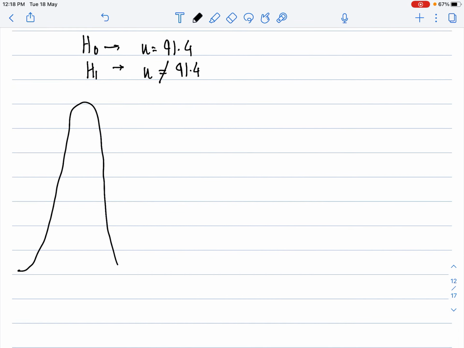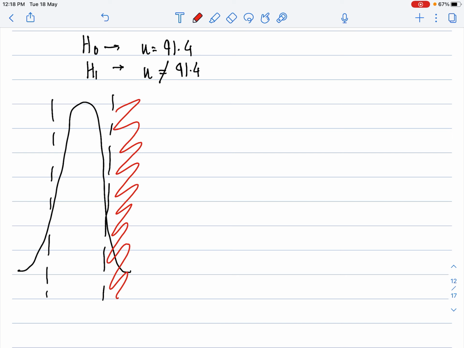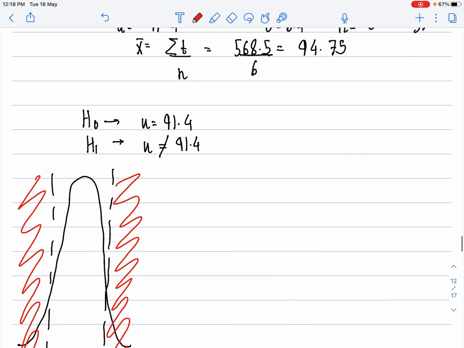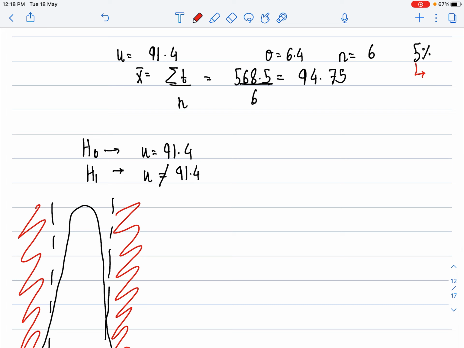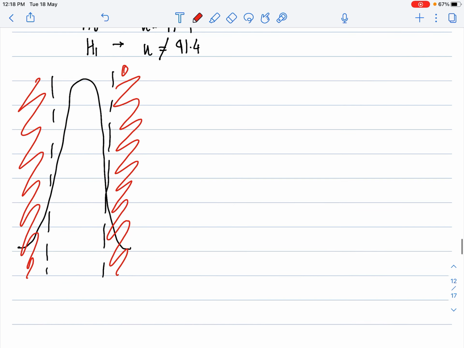On a normal distribution curve, it looks something like this. The area, which I'll shade in red, adds up to 5%, which is 0.05. If I divide 0.05 by 2, I get 0.025 here and 0.025 here.